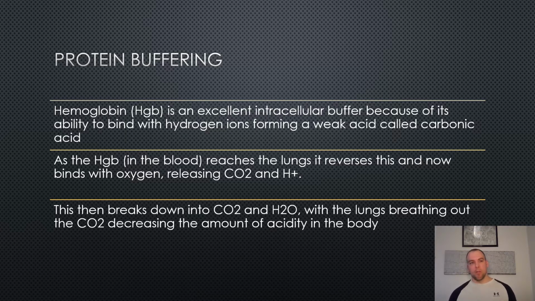Now, I'm not going to go over too much anatomy and physiology, but that's the way that your lungs work on a regular basis. It's important because as CO2 accumulates, more of it needs to be taken out of the body. If it wasn't for the lungs' ability to get rid of CO2, we would end up in acidosis almost immediately.